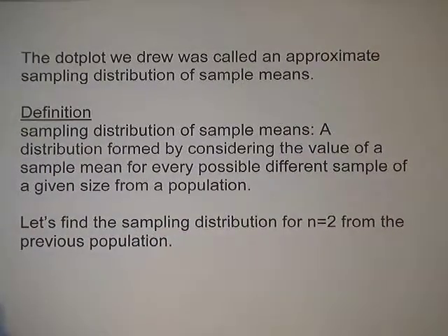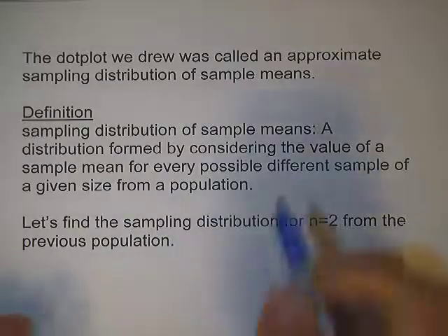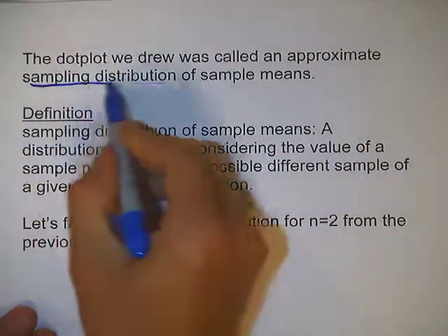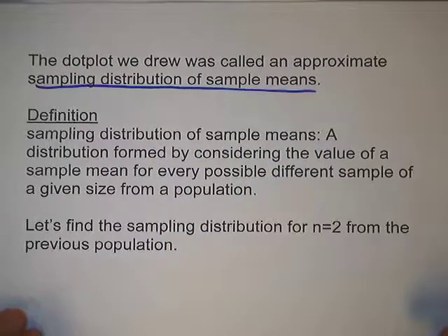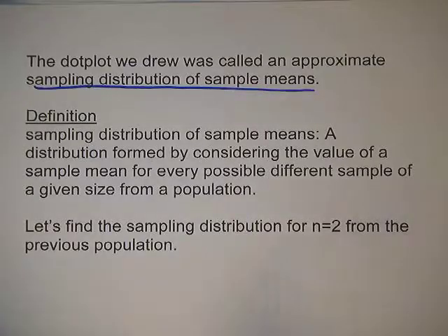Basically, the dot plot we drew was an approximate sampling distribution of sample means. We took a sample of a certain size, calculated a statistic from each sample, and then displayed them on a sampling distribution.